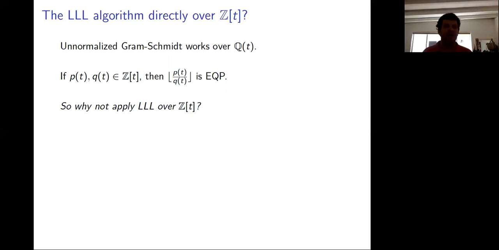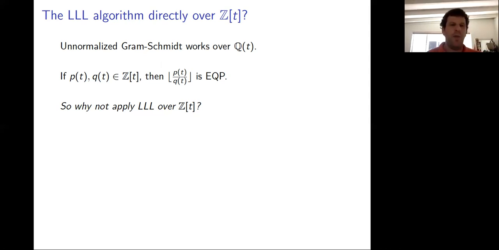The second fact is, and this is behind all of this work, this is really why EQP functions are all over the place. It's that if I have a rational function with rational coefficients, then the floor of that function is going to be eventually quasi-polynomial. So these mu's, these rounded off Gram-Schmidt coefficients, would be EQP.